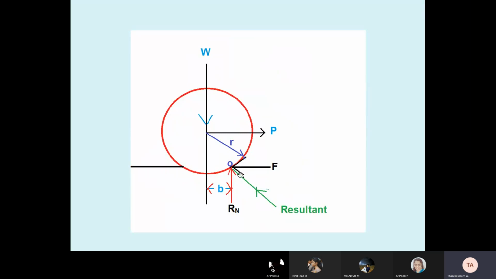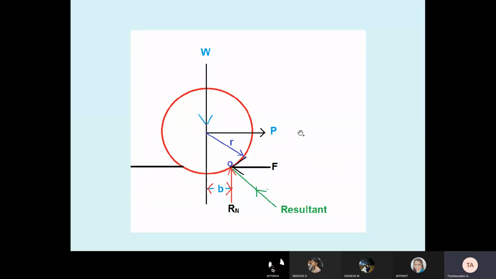So here there is reaction on all sides, students, but since the wheel is rotating clockwise, there is more reaction at the right side. Therefore I calculate the resultant reaction Rn, the vertical upward reaction. Rn means reaction. F acts in the opposite direction because F is friction; the wheel moves to the right, so friction is to the left.